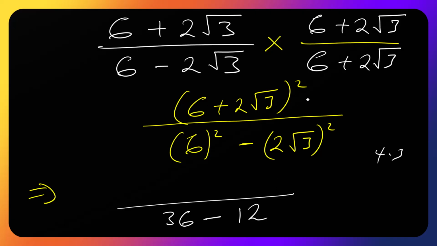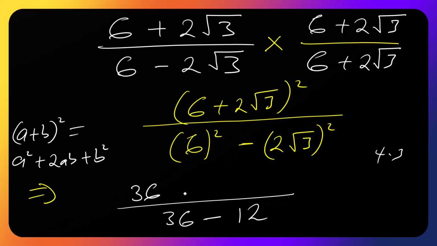And to expand this, when we have a plus b all squared, the same as a squared plus 2ab plus b squared. So I'll square the first term, 36. 2 times 6, 12, times 2, 24, 24 root 3, and this one squared will be 4 times 3, 12. As simple as that.